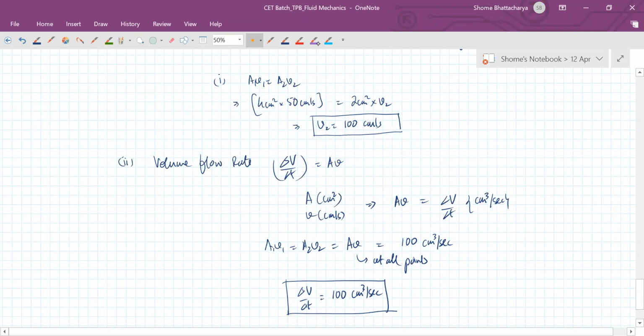So that is why we say that another way of expressing the continuity equation is that the volume flow rate is constant throughout the liquid. Product of area into velocity is the same thing as volume flow rate, and that should be constant.